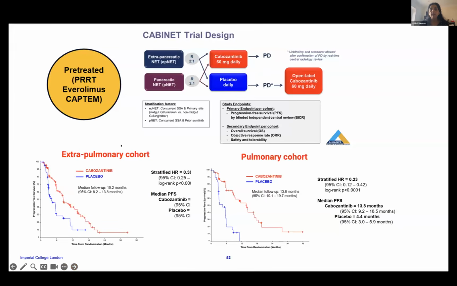And you can see that in the patients that were extrapulmonary, so these patients are the gastrointestinal and pancreatic neuroendocrine tumors, that there was a benefit with cabozantinib compared to placebo, and the hazard ratio was 0.38. So effectively, you can say that in patients who have progressed on these agents, you could use cabozantinib. And that was also true of the lung neuroendocrine, which we're not talking about today.